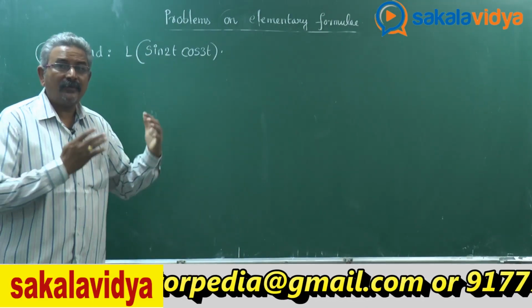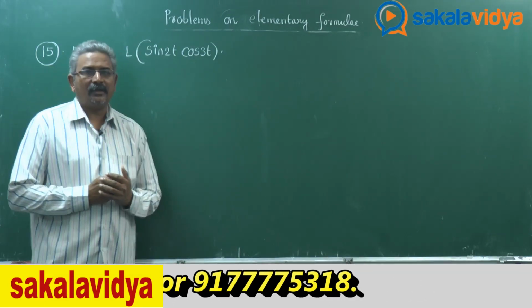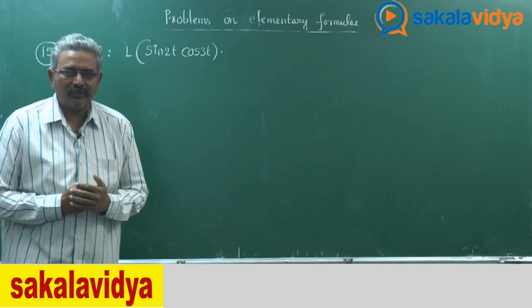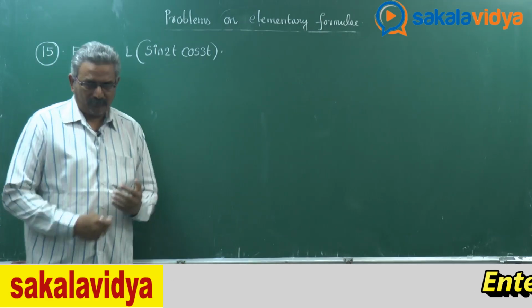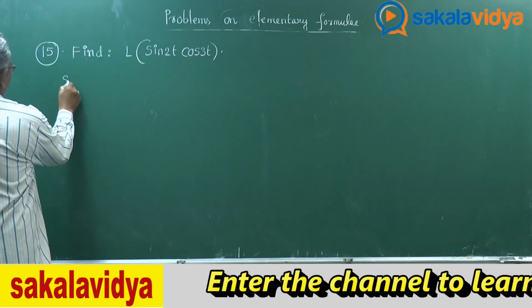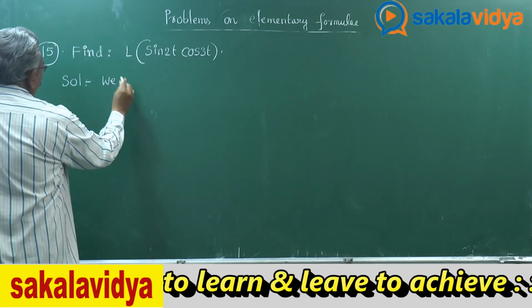This is very important for engineering M1 examination as well as diploma examination for engineering mathematics, diploma mathematics M4. So let us solve this problem now. We need to recall the formula.